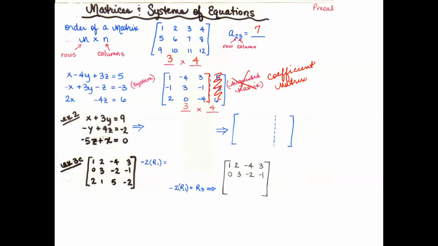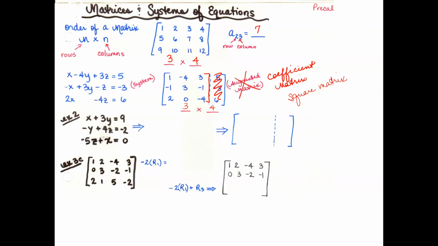Now, that coefficient matrix, what's the order of that? 3x3. So a 3x3 or a 4x4 or a 5x5 or a 2x2, when the number of rows and columns are the same, we call that a square matrix.